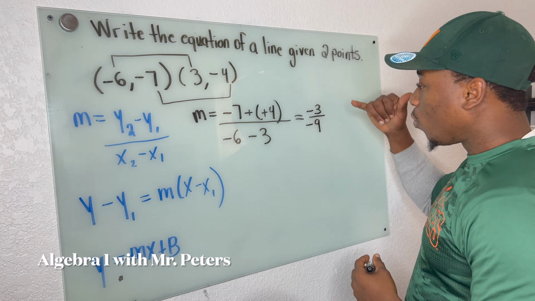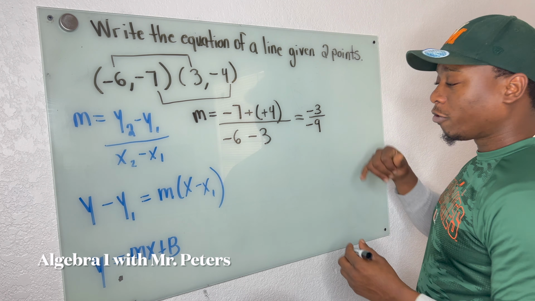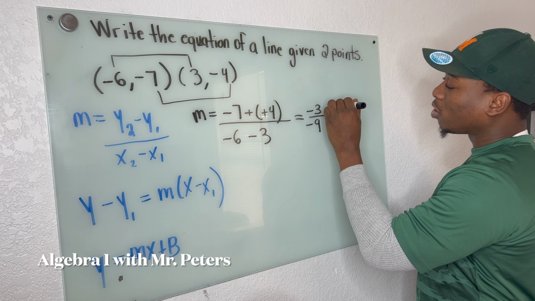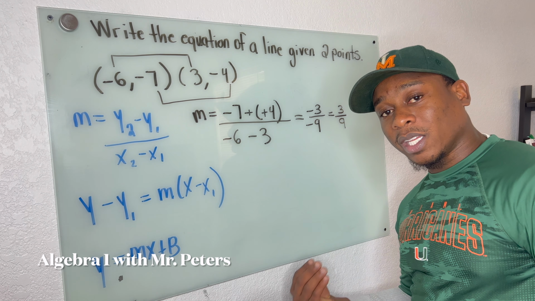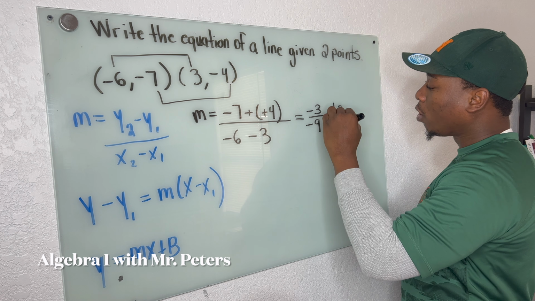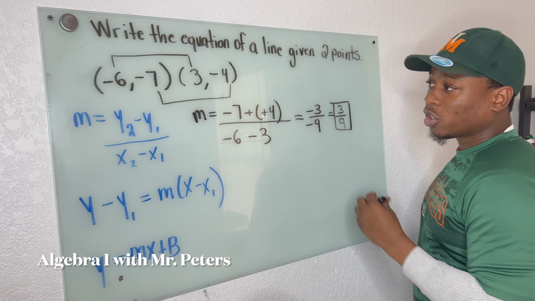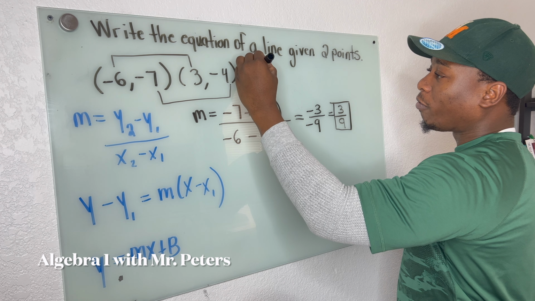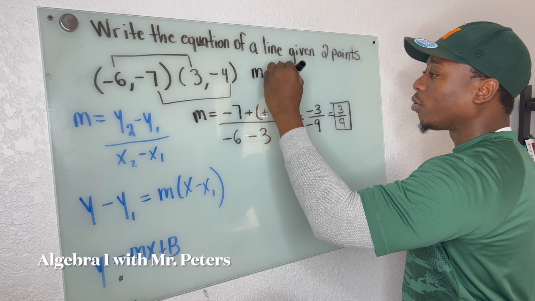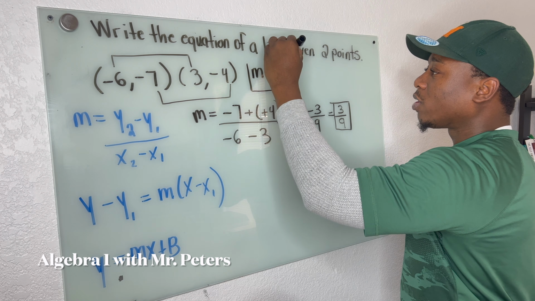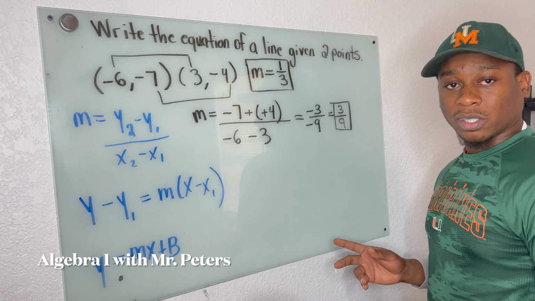So understand that when we divide a negative by a negative, our final answer is going to be a positive 3 over 9. And we are going to make this fraction smaller by reducing it. So once we reduce our fraction, our final slope is going to be m is equal to 1 over 3. So let's just box this off so that we have this information.